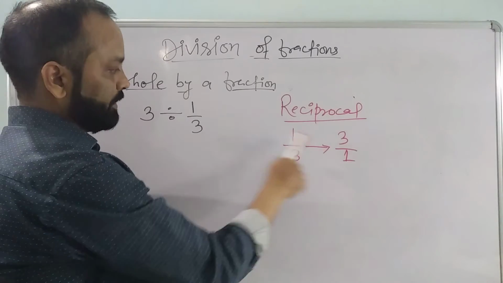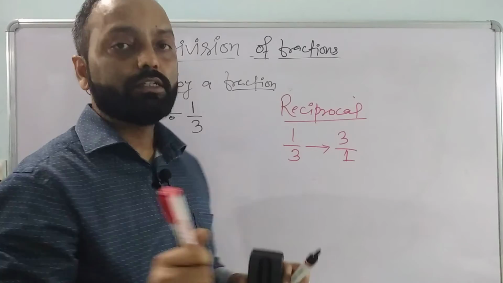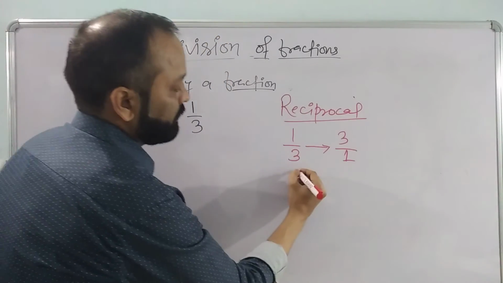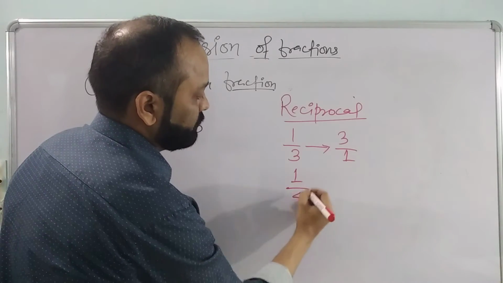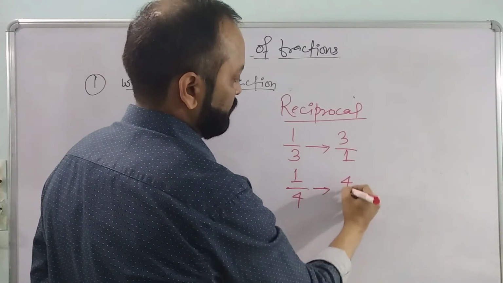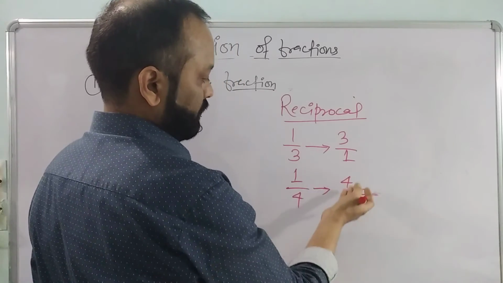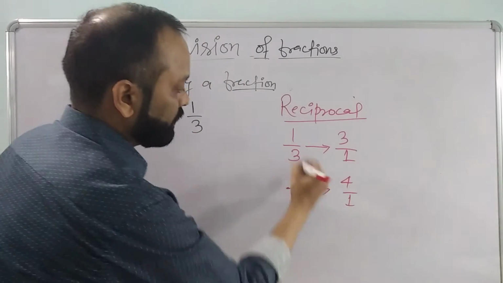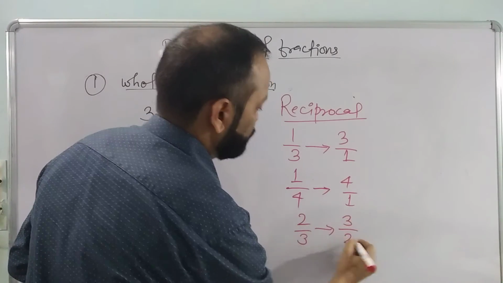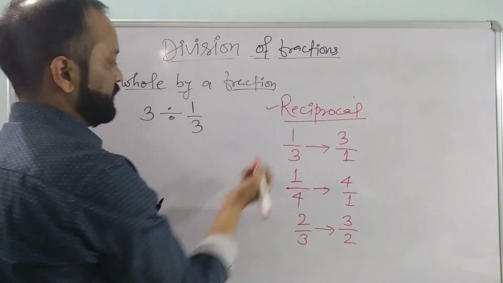The numerator part will be the denominator part in the reciprocal, and the denominator part will be the numerator part in the reciprocal. So this is called the reciprocal. If we ask you to write the reciprocal of 1/4, this will be 4/1 or 4. Let's suppose it's 2/3, so the reciprocal will be 3/2, right? So this is the first thing which we need to understand, reciprocal.